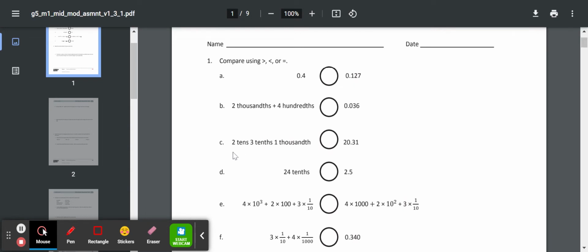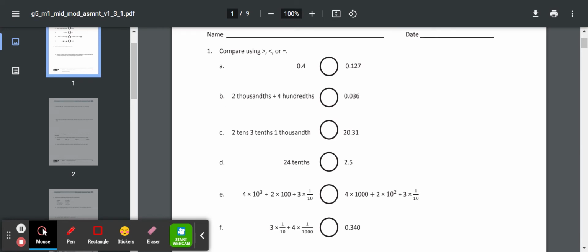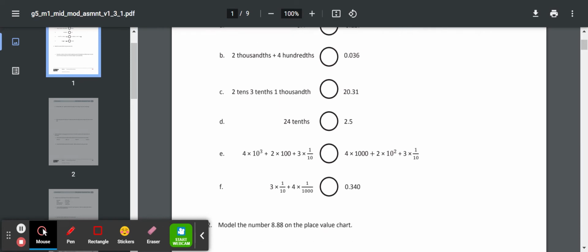C says 2/10s, 3/10ths, and 1/1000th. Pause to compare. D says 24/10ths. Pause to compare with the other side. E and F have no words for me to read.